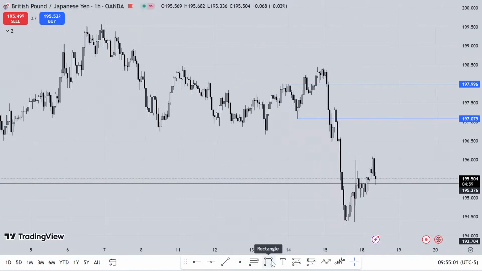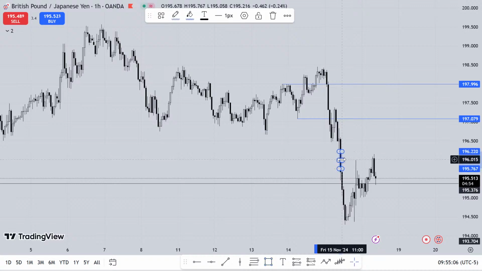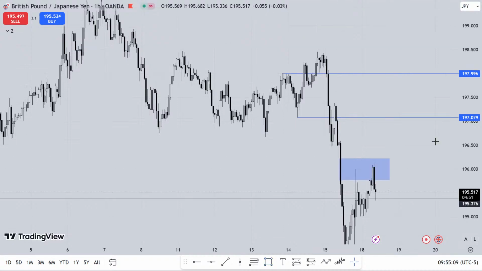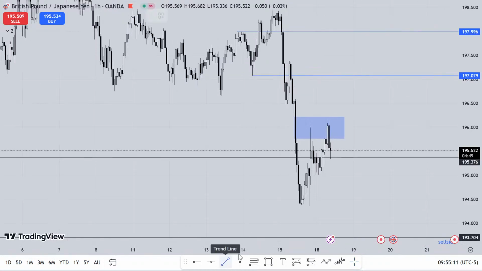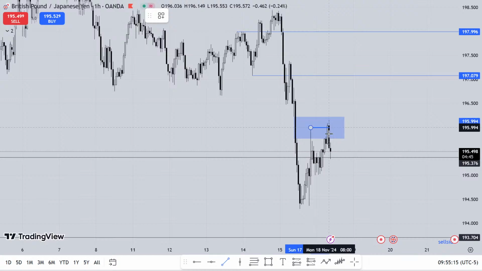So we have this CB. I'm going to draw the CB out in time. Inside of this CB, price has taken a short-term buy side liquidity, which is a minor buy side.